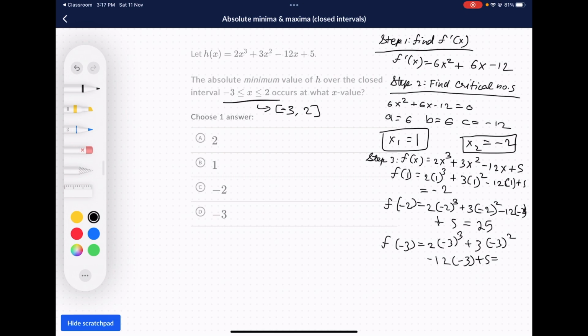F of negative 3 will be positive 14, and f of positive 2 will be positive 9. Construct a table of values for your x and f of x values.